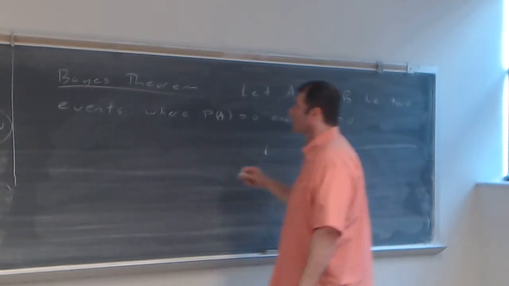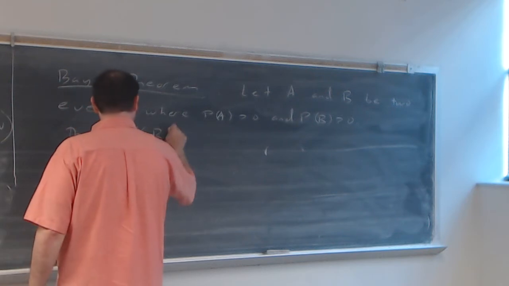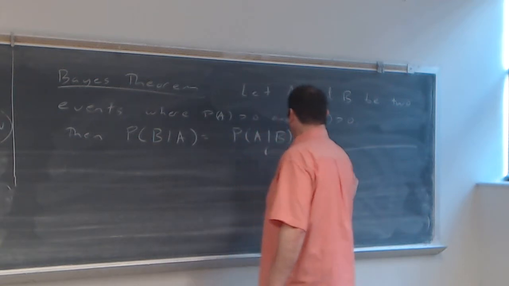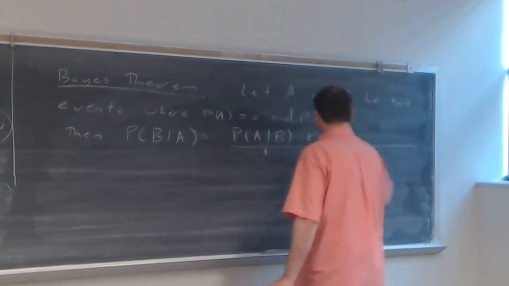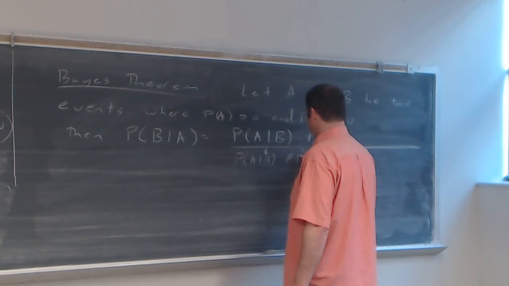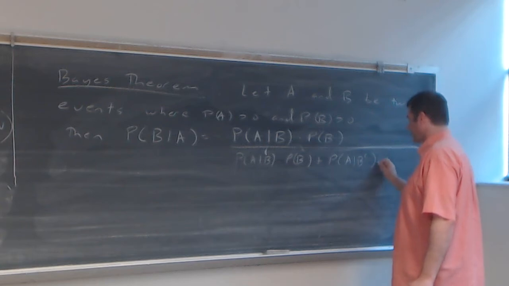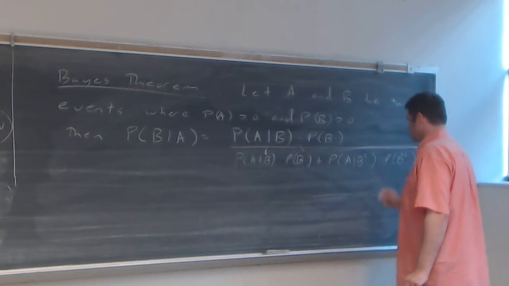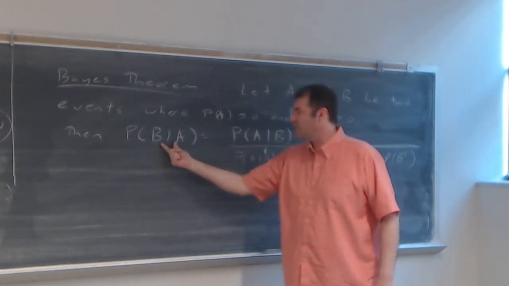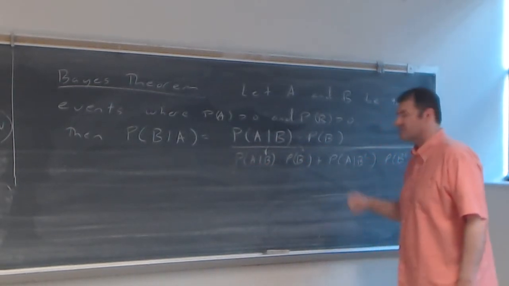Then the probability of B given A is equal to the probability of A given B times the probability of B over, it's a long over, the probability of A given B times the probability of B plus the probability of A given B complement times the probability of B complement. So this is Bayes' theorem, and you'll notice Bayes' theorem allows us to switch the order of the given and what's asked for, but it requires something a little bit more too.